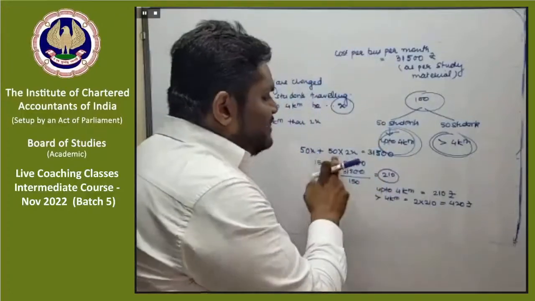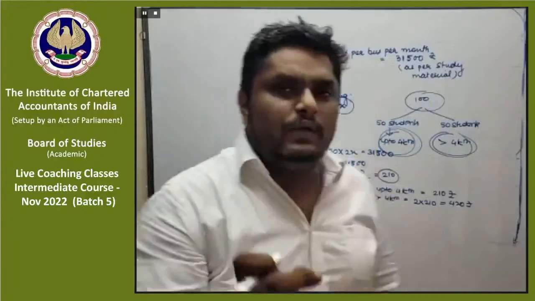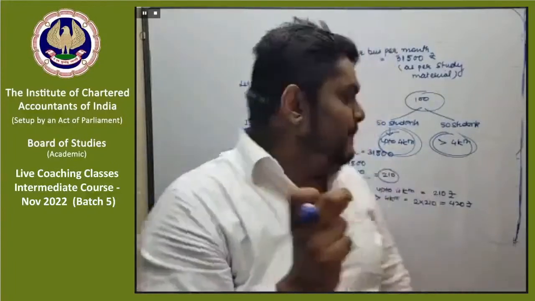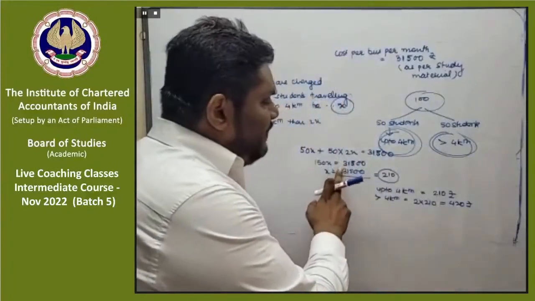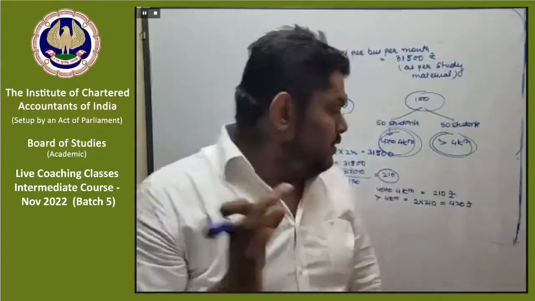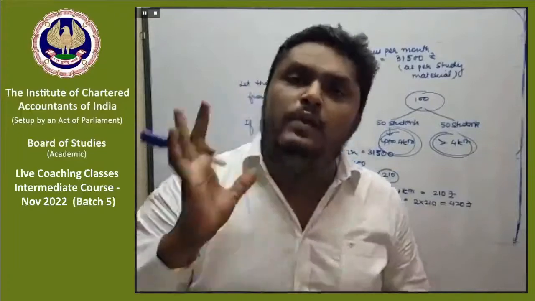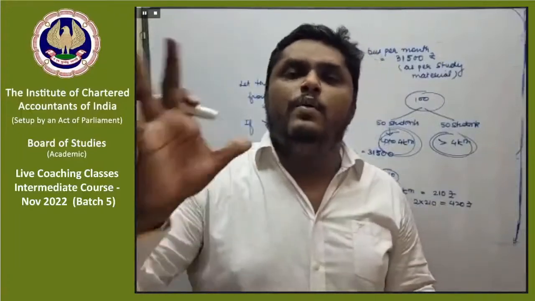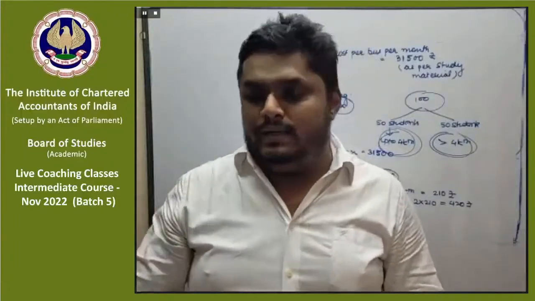So 50x plus 50 into 2x should be equal to 31,500. So the value of x will be 31,500 divided by 150, that is 210. So the fare up to 4 kilometers will be 210 and more than 4 kilometers will be 420.